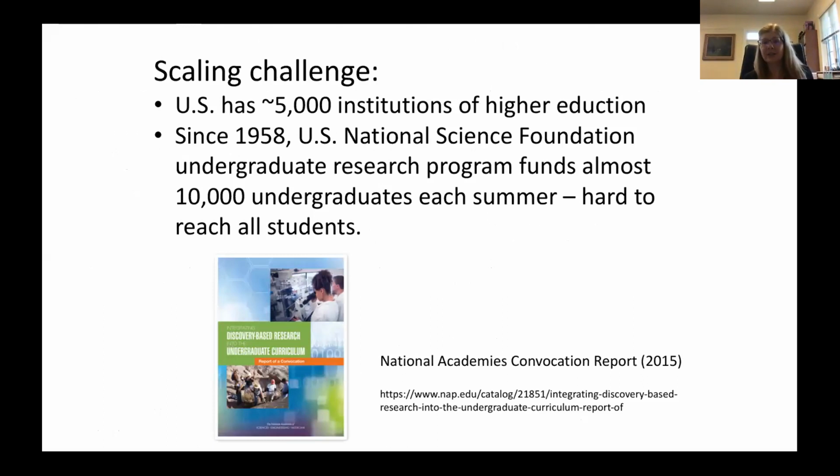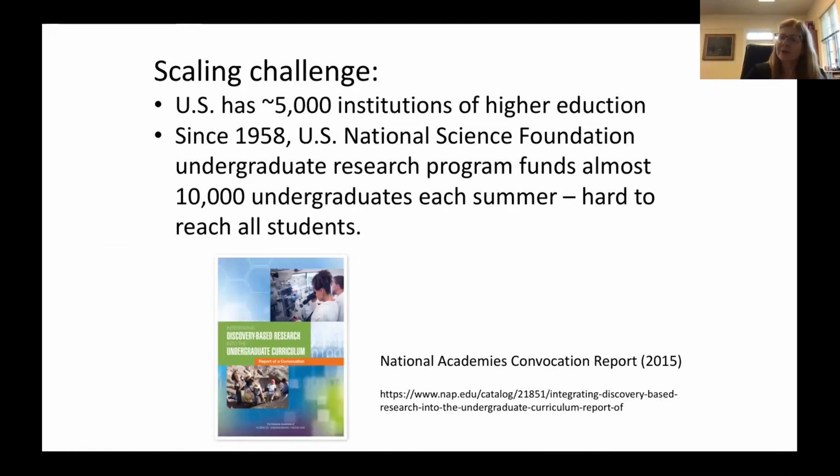The challenge is that we have about 5,000 institutions of higher education in this country, and some of them have tens of thousands of students. With the funding models we have, say you took just NSF, and acknowledging there are lots of other sources of funding, you can maybe reach 10,000 undergraduates each summer. You're not going to reach all the students that could benefit.